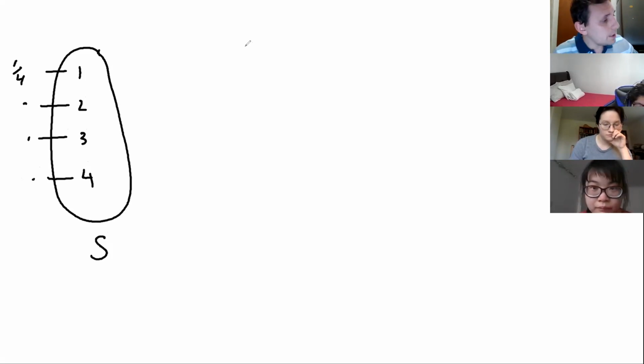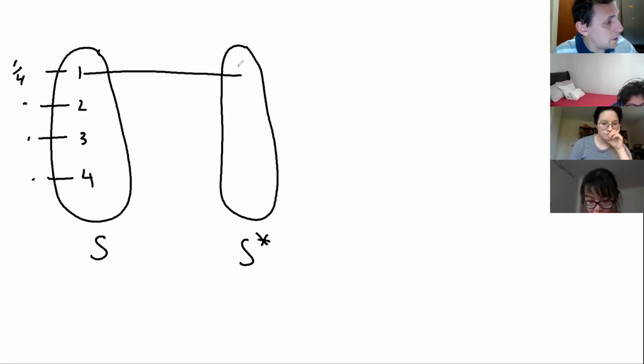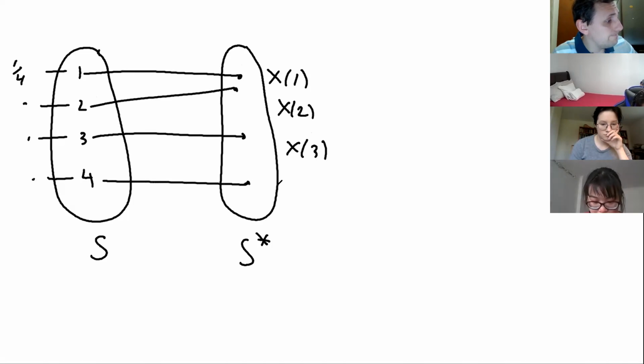Then I can generate a sample space star where 1 is mapped to x1, 2 is mapped to x2, which in this case happens to be the same as x1, 3 is mapped to x3, and 4 is mapped to x4.